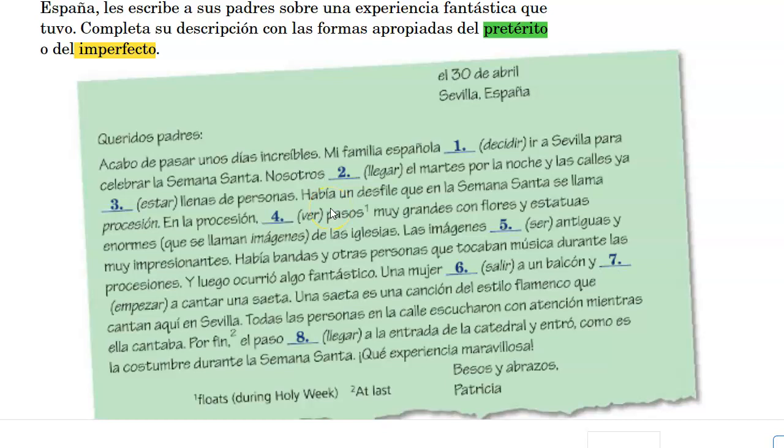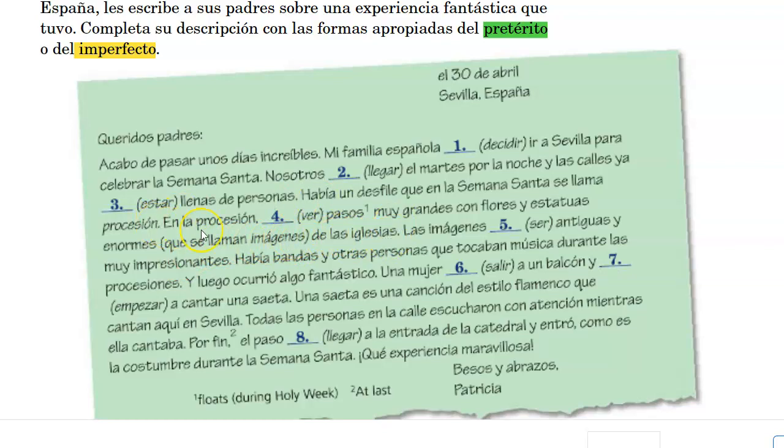Do one more together. Había un desfile que en la Semana Santa se llama procesión. En la procesión, ver pasos muy grandes con flores y estatuas enormes que se llaman imágenes de las iglesias.